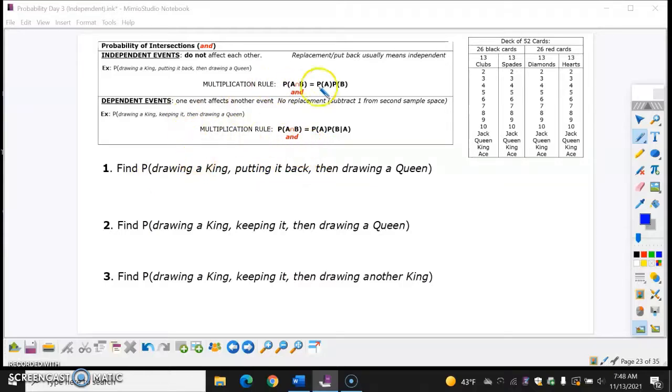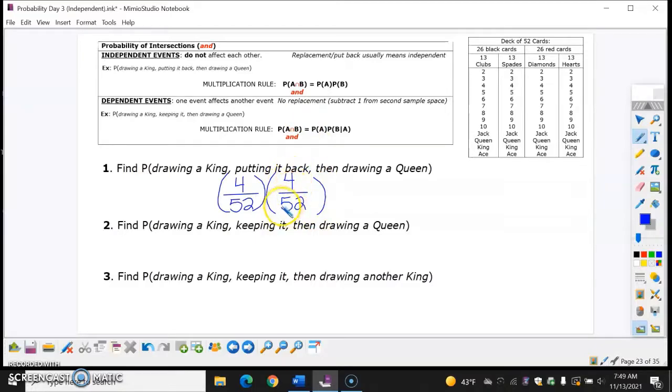So we're going to find the probability of the first event. The probability of drawing a king would be what? Overall, there's 4 kings out of 52 total cards. Then we're going to multiply that by the probability of drawing a queen. Now, if you put this king back in the deck, then there are still 52 cards to choose from, and how many of them are queens?